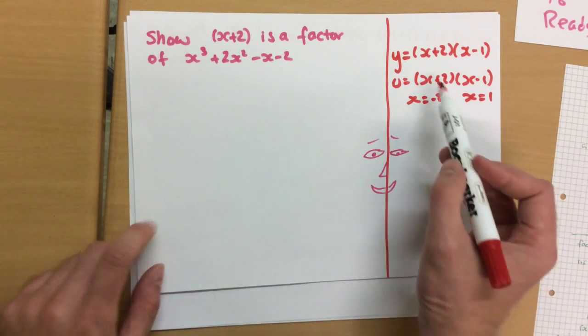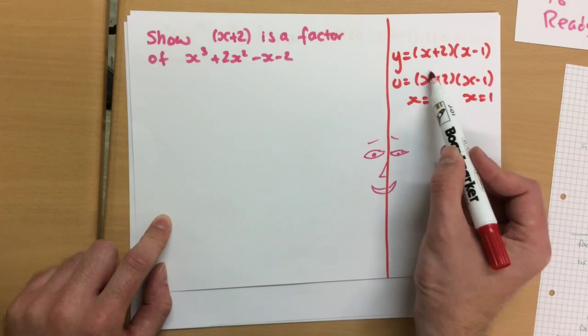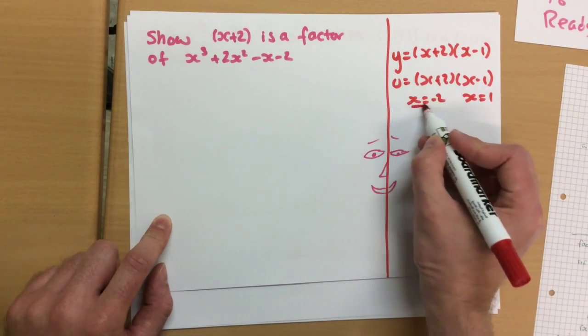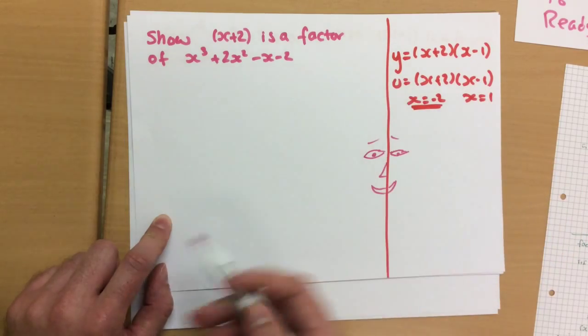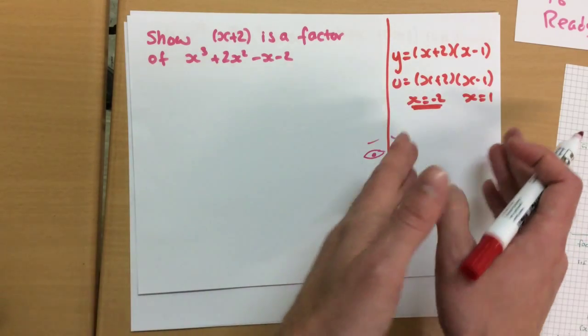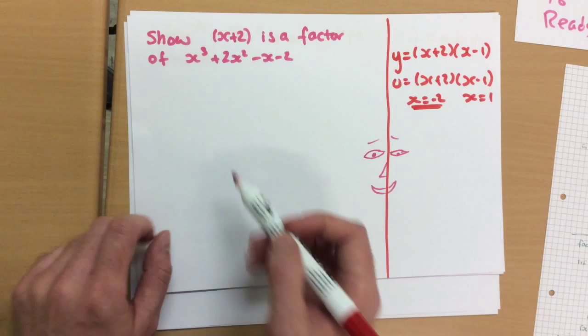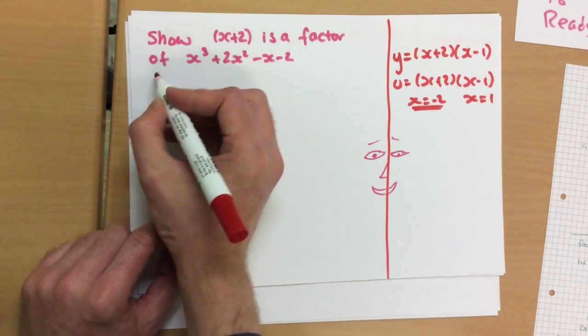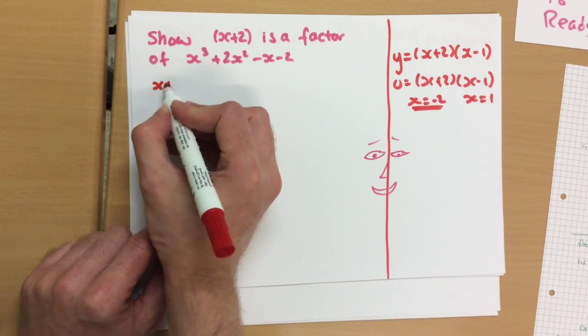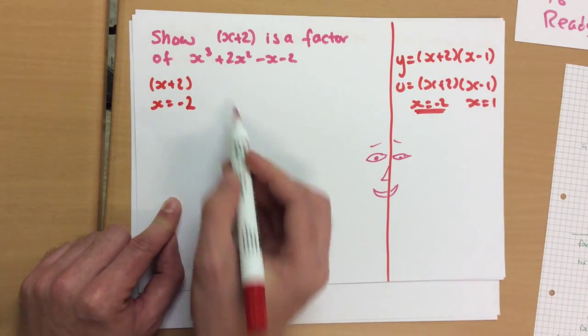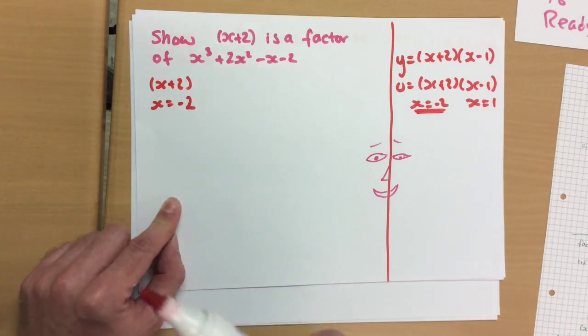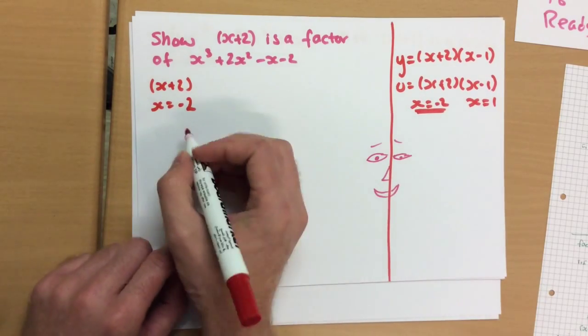So if this is a factor, if we substitute in x is minus 2, our answer should be 0. We can apply that same logic to this problem. If this is a factor, if we substitute in x is minus 2 to this, and we get an answer of 0, that's a factor.